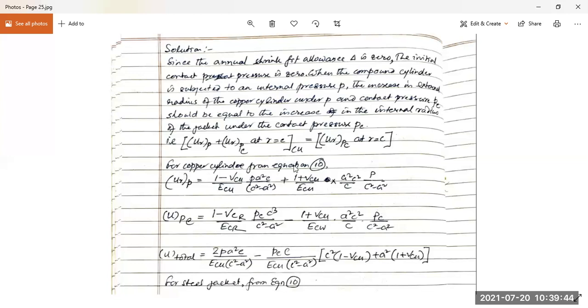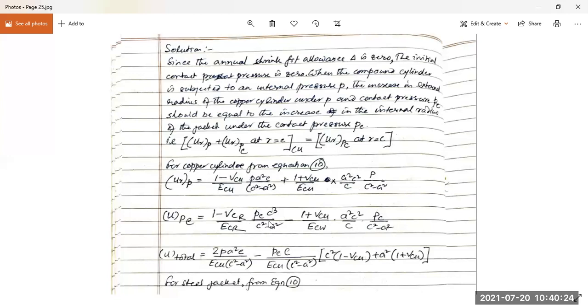For the copper cylinder, from equation 10, (1 + ν)/E_Cu, where E_Cu is Young's modulus of copper, and ν is the coefficient of lateral expansion, is equal to ν_Cu into P·C·A² over (C² − A²), and (1 + ν) for the same copper, (A² − C²) divided by C into P into A². So UP is given by this equation only.